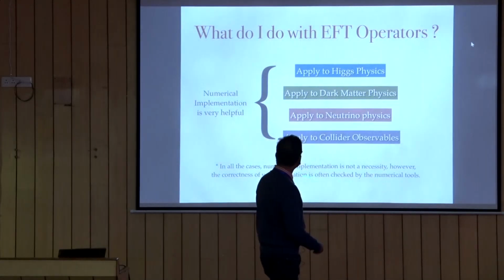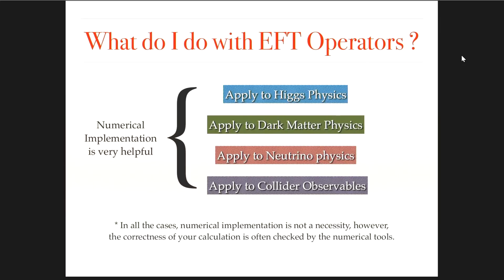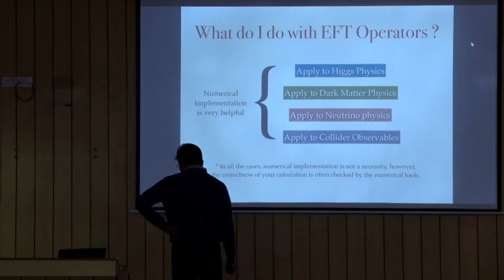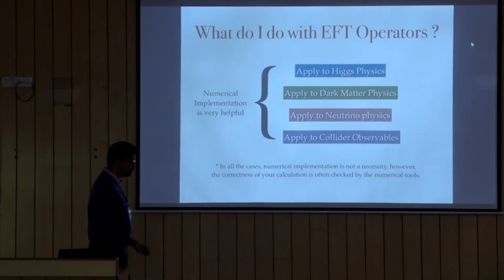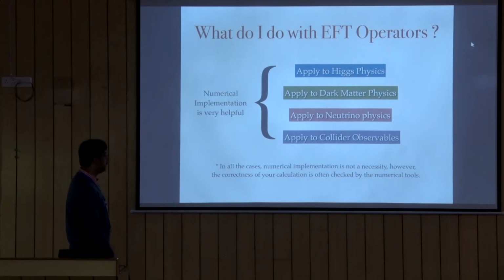On the contrary, if you successfully embed an EFT operator in some of these numerical tools that we will be talking about, you can be sure of some of the basic ingredients with which these EFT operators are constructed and their further calculation. For example, gauge invariance, which we have all been talking about, can be checked thoroughly, while doing it by hand or using Mathematica and putting that expression in to calculate the numerical outcome might give you something wrong.